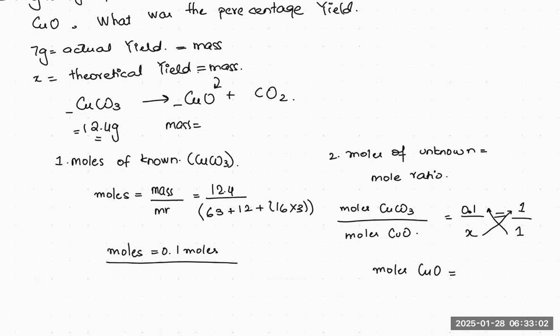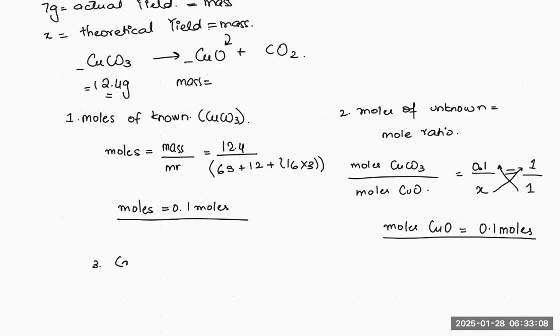Step number 3 is calculate value. Whatever the examiners have asked you, find the mass, find the volume, find the concentration, you find that. Here we have to find the mass and the moles are given to us. So use the same formula again.